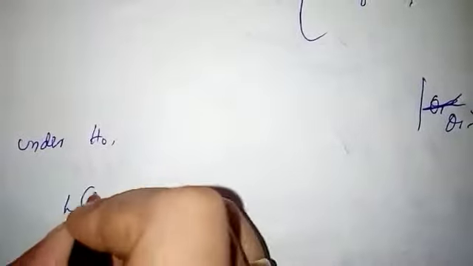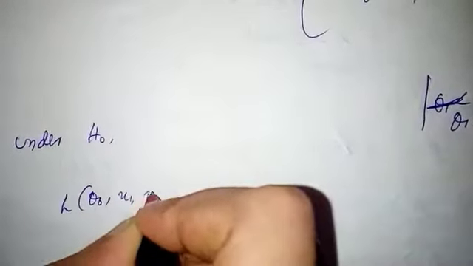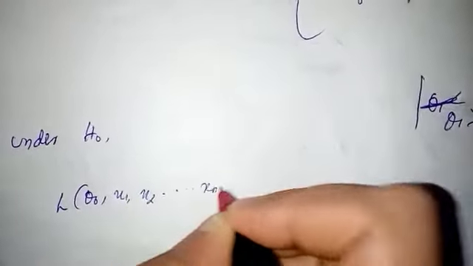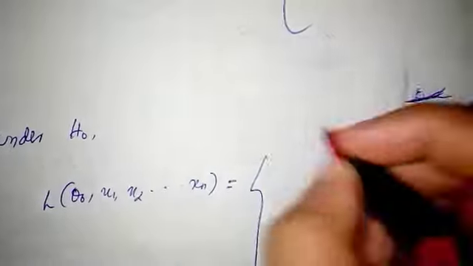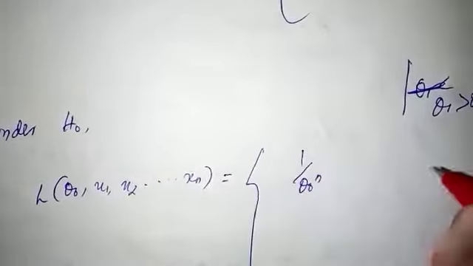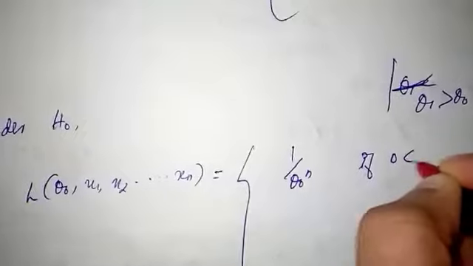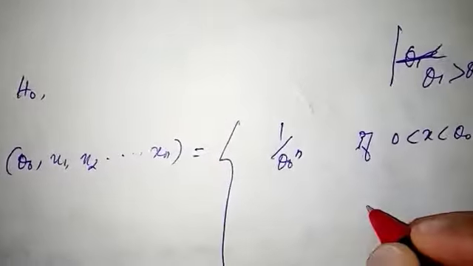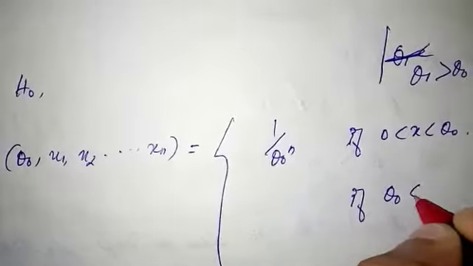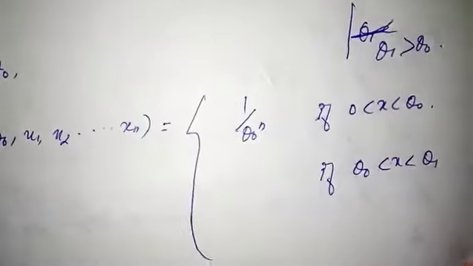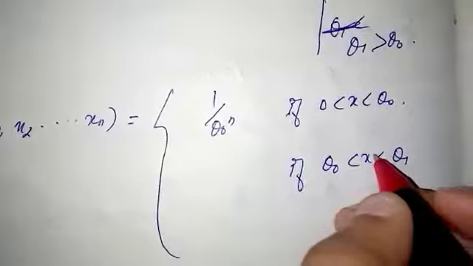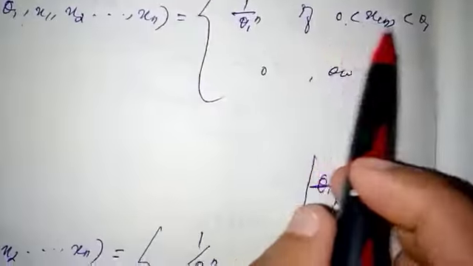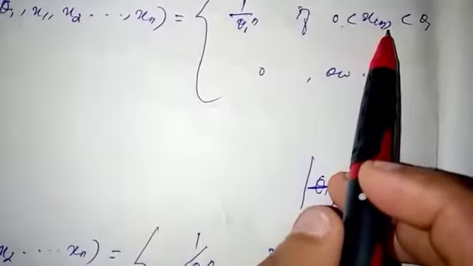So we have to rearrange these likelihood functions. Under H naught, the likelihood L theta naught of x1, x2, so on xn equals 1 by theta naught power n if 0 less than xn less than theta naught. Then theta naught less than xn less than theta 1 is another case, so here we have to split this.